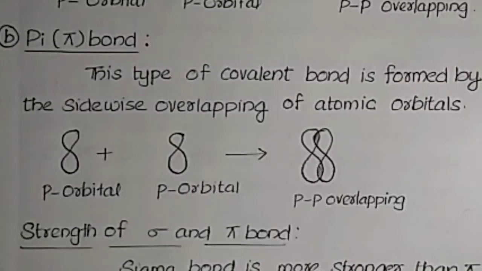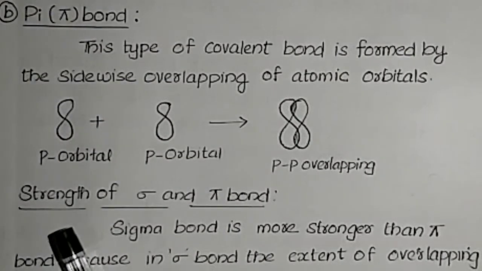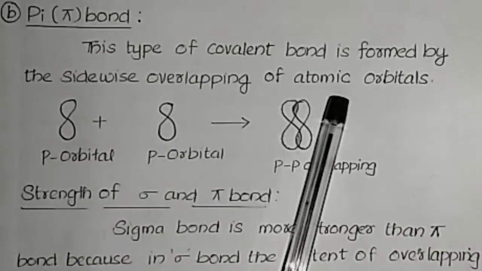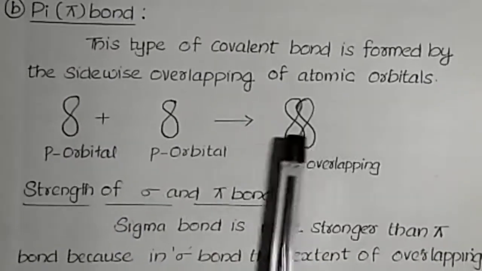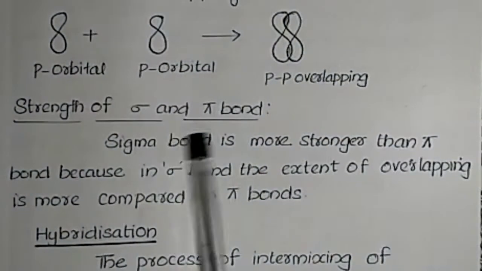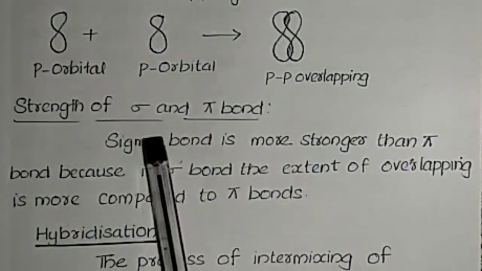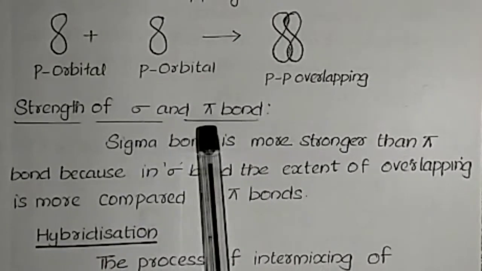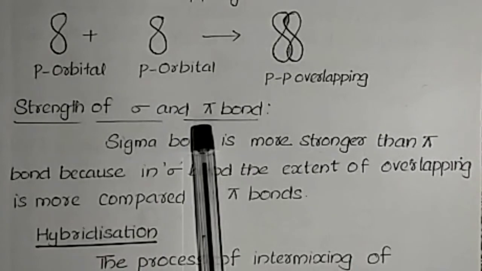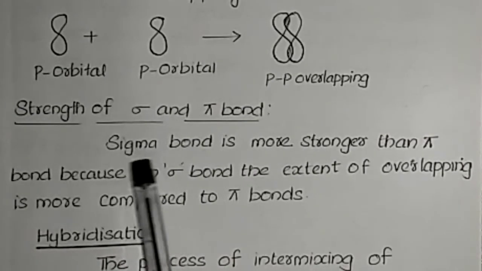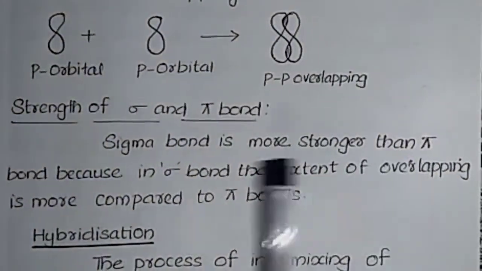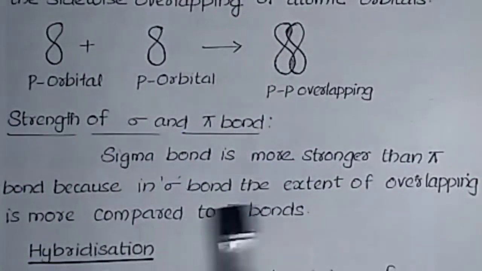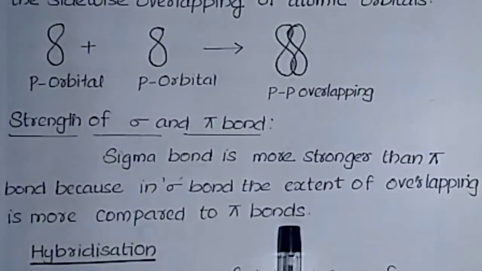So sigma bonds are formed by the axial overlapping of atomic orbitals and pi bonds are formed by the sidewise overlapping of the atomic orbitals. Then, the strength of sigma bond and pi bond. Which type of overlapping is stronger? Can you say sigma bond or pi bond? Yes, the sigma bond is stronger than the pi bond because in a sigma bond the extent of overlapping is more compared to a pi bond.